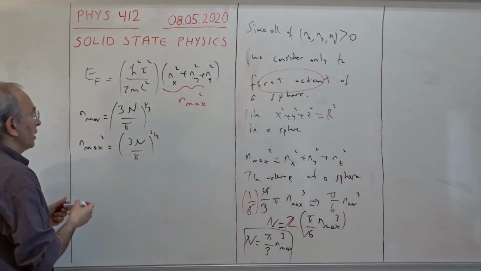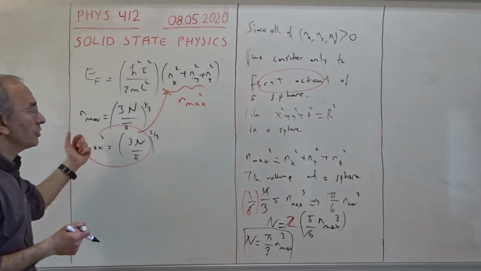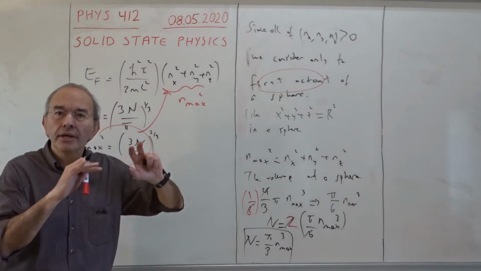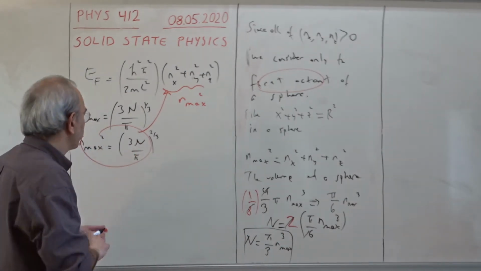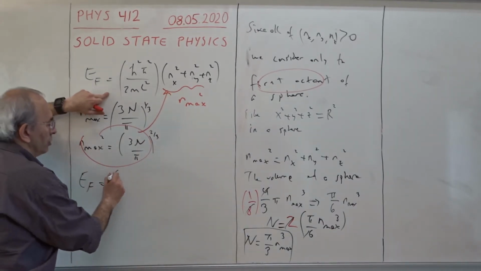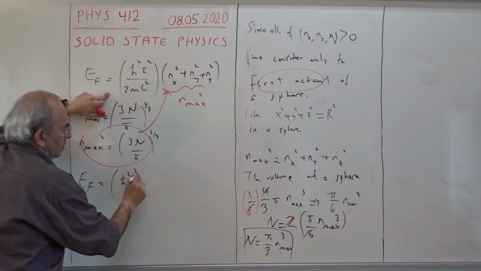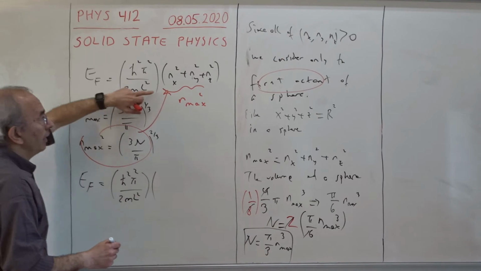So let's put this quantity here and get the relationship between energy and the number of electrons in that system. So EF is equal to the constant multiplied by this thing.